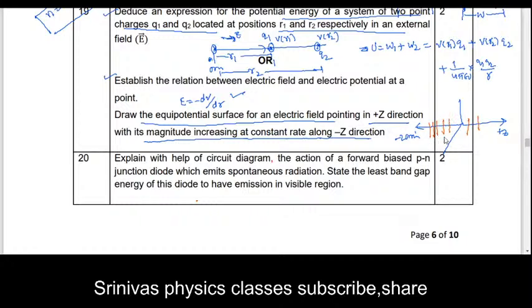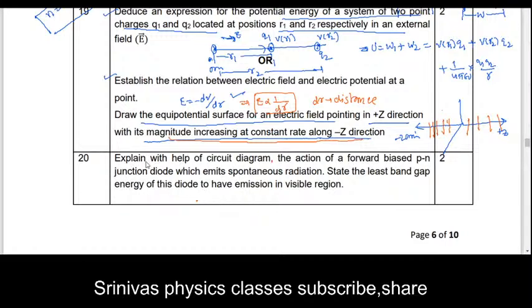You just have to decrease the distance, because the electric field is increasing along the negative z direction. From the electric field formula, the electric field is inversely proportional to the distance dr. When distance decreases, electric field increases. So you have to draw them along the negative z-axis with decreasing distance. Here distance is more, here distance is less. They should become closer.